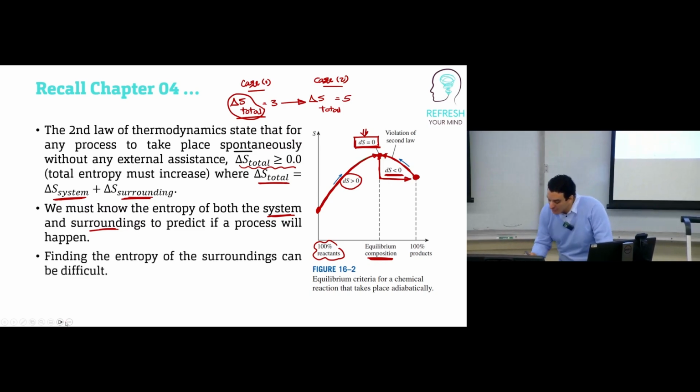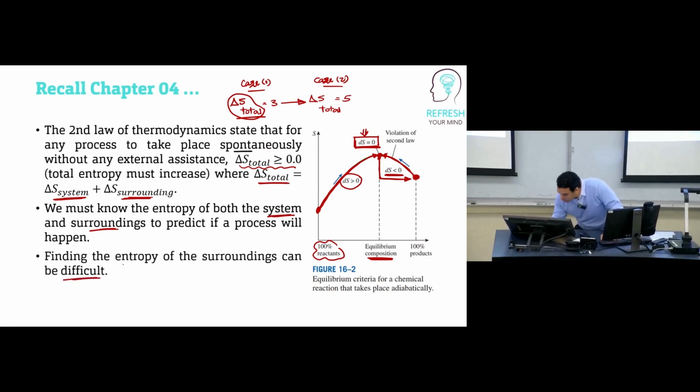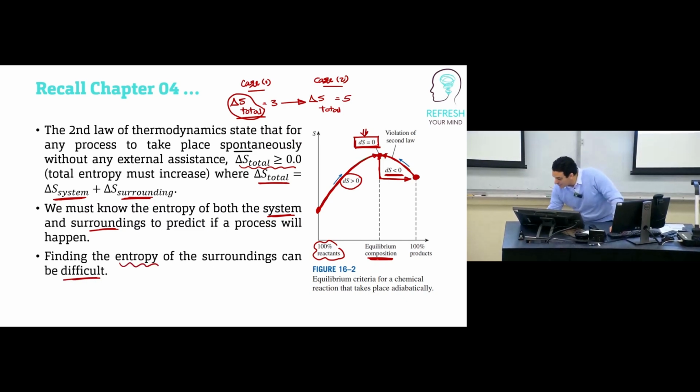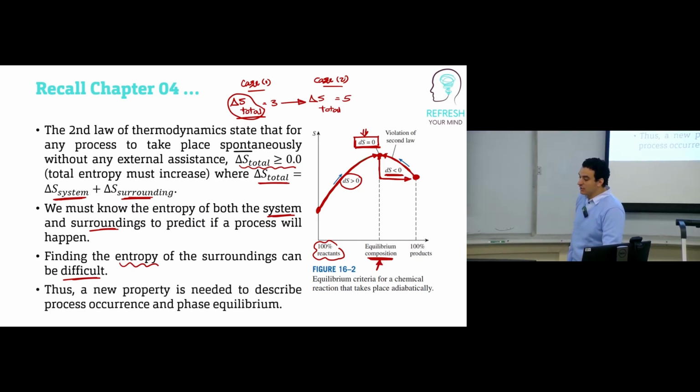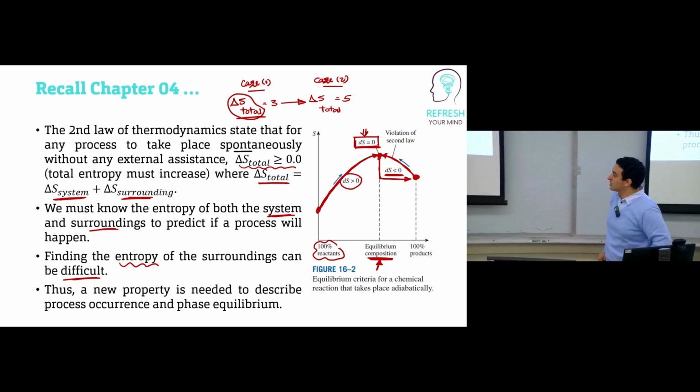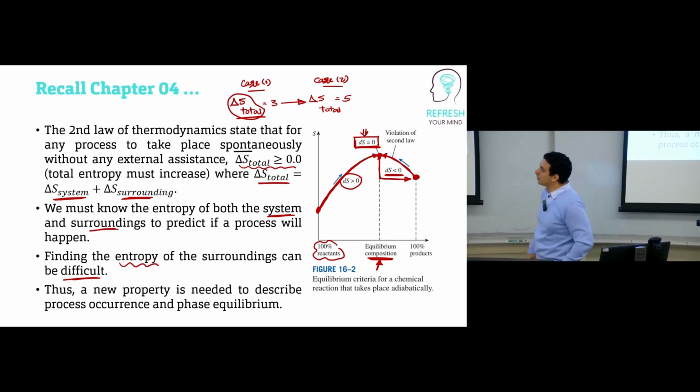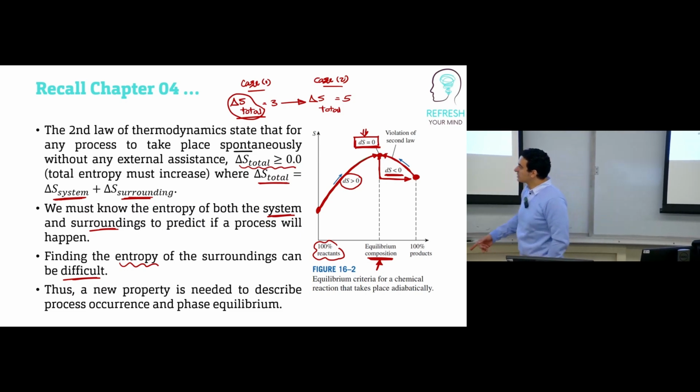And this is the problem that makes it very difficult to use entropy as a criterion to describe equilibrium conditions, because sometimes it's very hard to find the entropy of the surrounding. This is the limitation of using it.